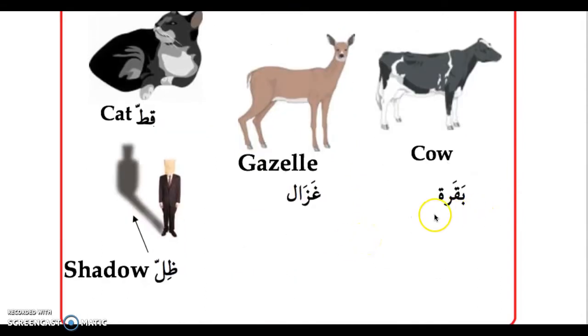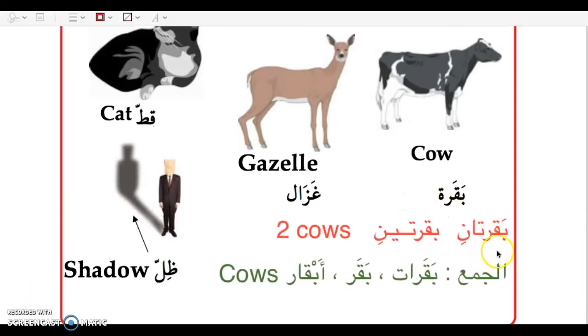بقرة, غزال. All right. By the way, the last ta is called ta marbuta, like a wrapped ta. And when you add the alif noon, or I guess I should show you. One sec. All right. So as you can see, I've added them.